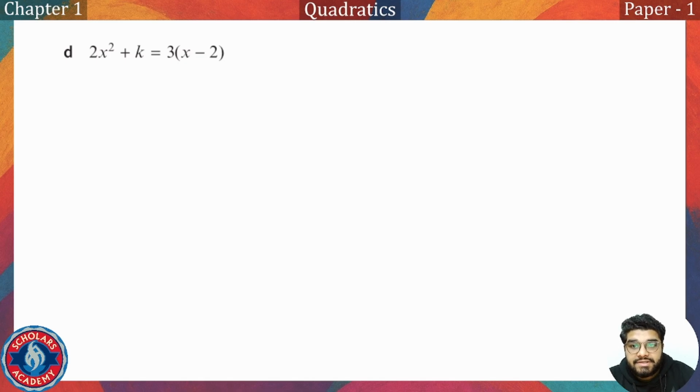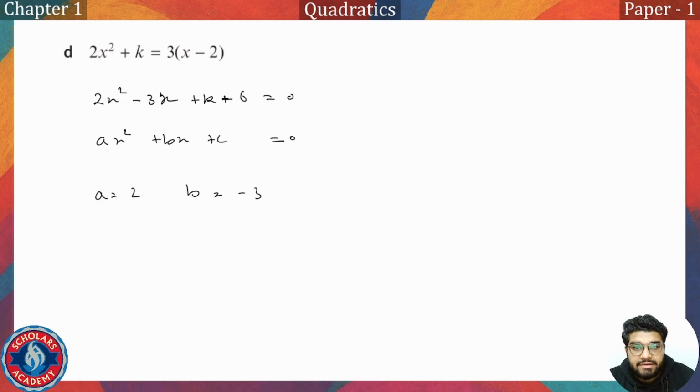Let's bring this to the left hand side. We get 2x square minus 3x plus k plus 6, plus 6 actually, is equal to 0. Comparing it with general equation ax square plus bx plus c is equal to 0, we get a is equal to 2, b is equal to negative 3, and c is equal to k plus 6.